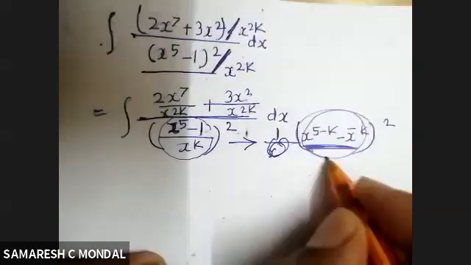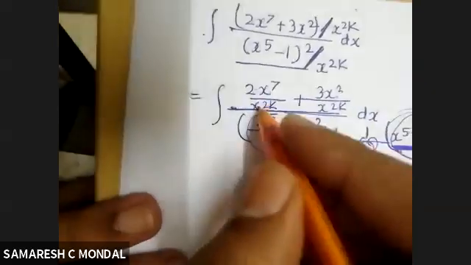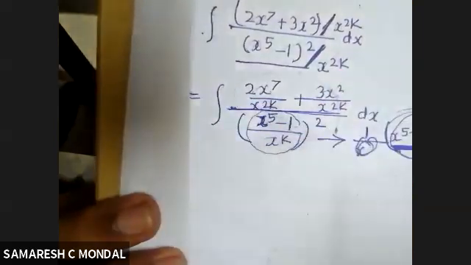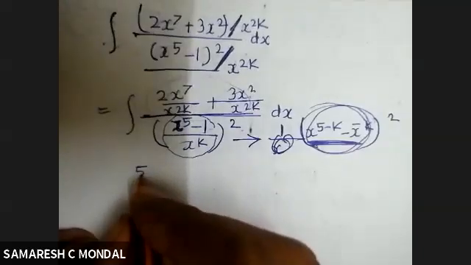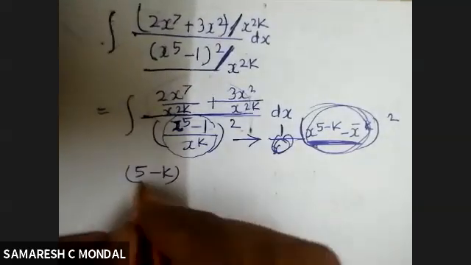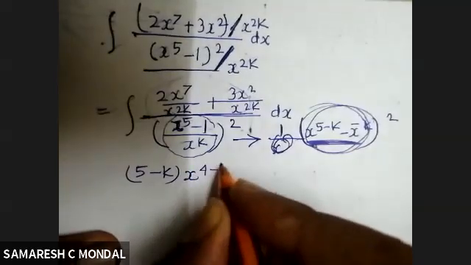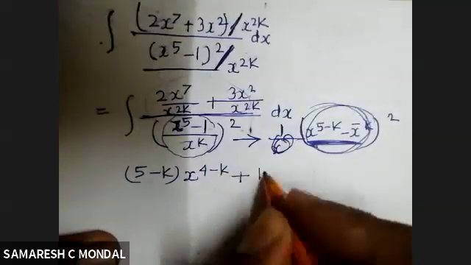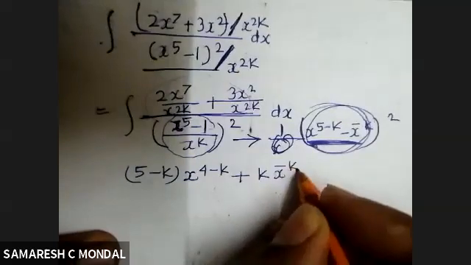This inside part I need to differentiate, and it should match with the numerator. If I differentiate this one, it will come 5 minus k, x to the power 4 minus k, and this will be k into x to the power minus k.